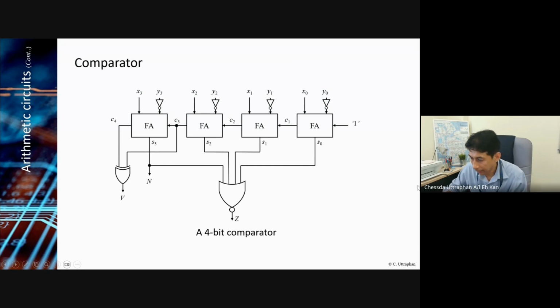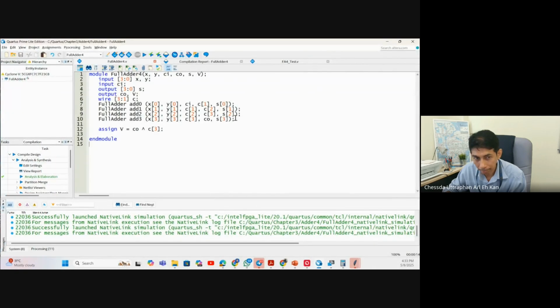Now let's see the demonstration here. All right, so we need a subtractor. So I will change this to subtractor again, and I will need to add one signal called n and one signal called z. This n and z will be the outputs.